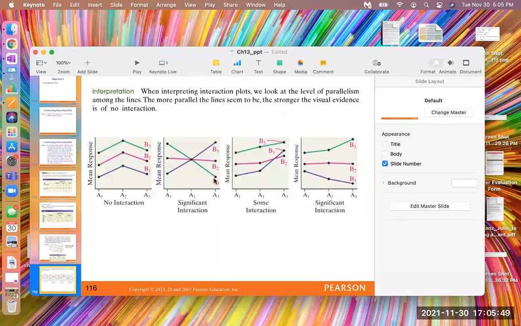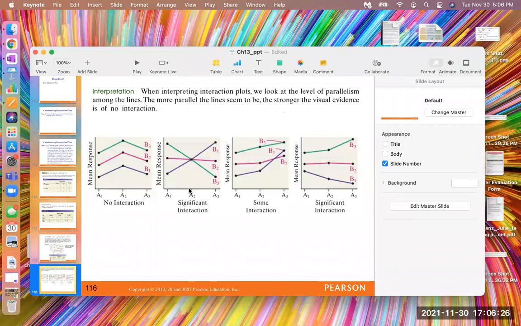But you changed to B3, maybe we increased it, and now the response variable is decreasing as we increase the level of A. So that means that there was a significant difference when we changed B. Now, when we go from left to right here in the picture, all we're doing is changing the level of A. And we would expect the same change for all 3 levels of B if there was no interaction going on.